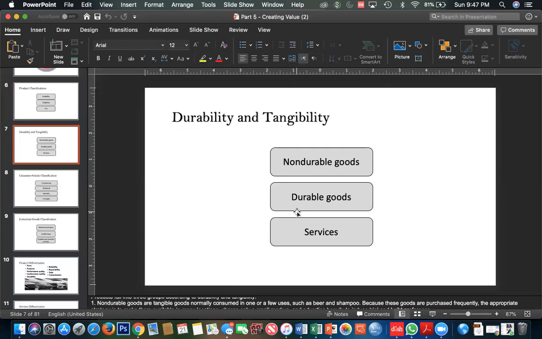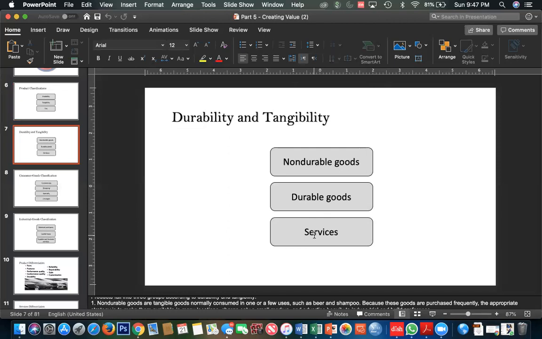Here is where you will have more influence of a salesperson, because the salesperson has to explain the durability aspect of it, and also the usage of the product. Consumers, you and I, are more involved in making a durable purchase, because we know intrinsically that this product will be with us for a longer term, so we need to be more careful in our purchase.